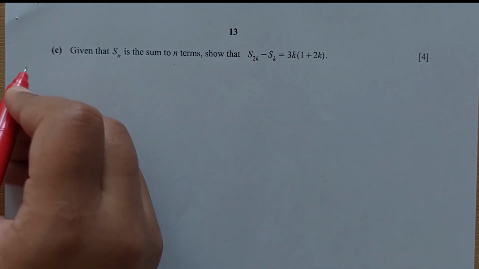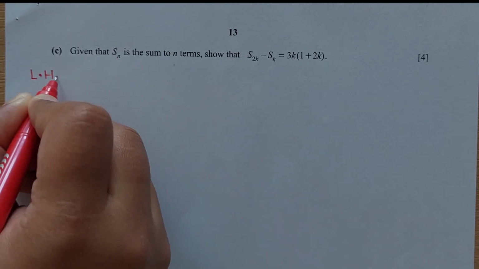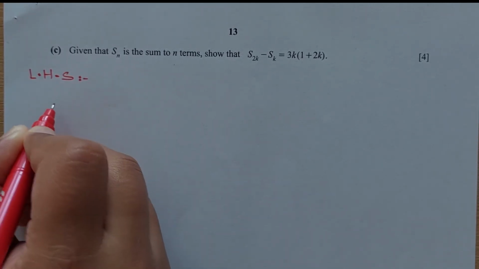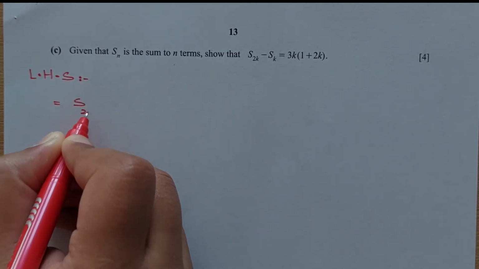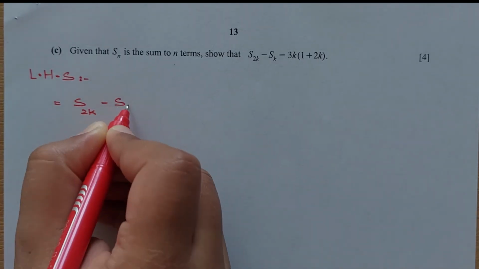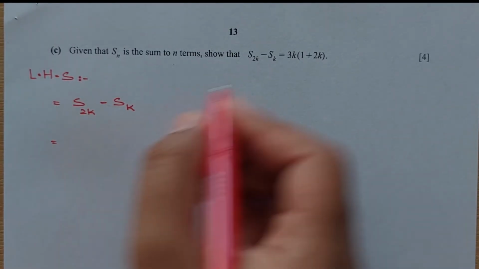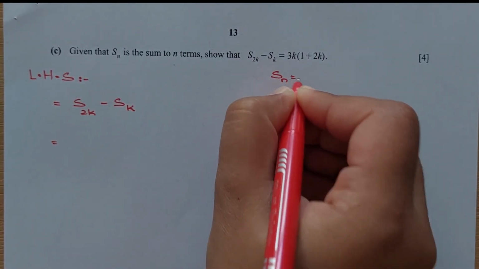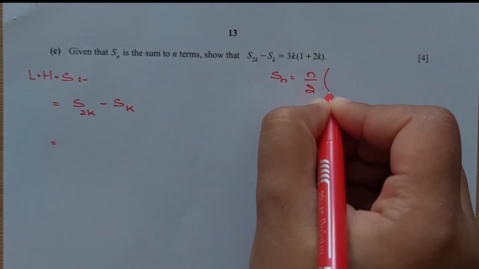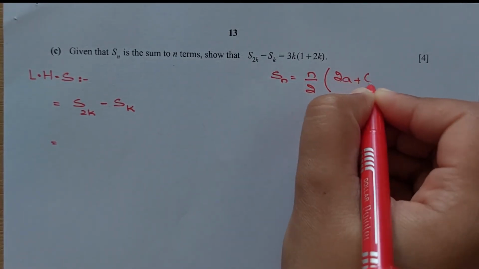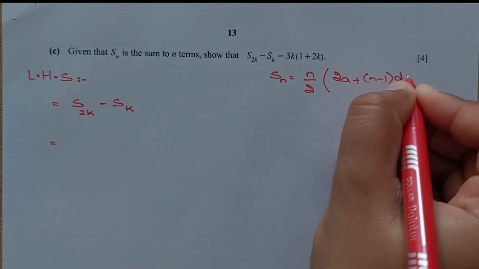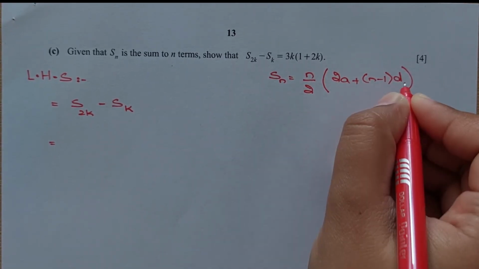So let's do it from the left hand side. The left hand side says S2k minus Sk, right? So let me write down Sn equals n by 2, 2a plus n minus 1 into d. So a is 5 and d is 4.